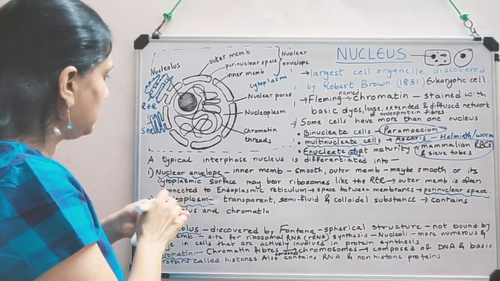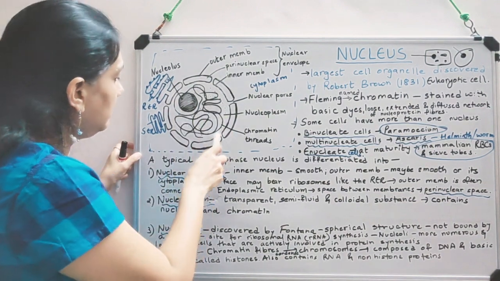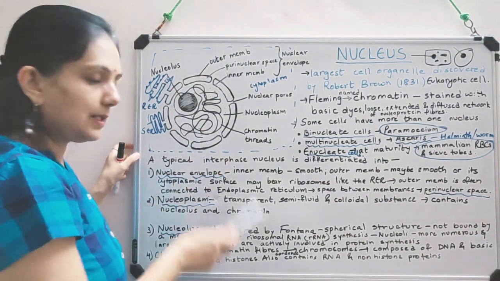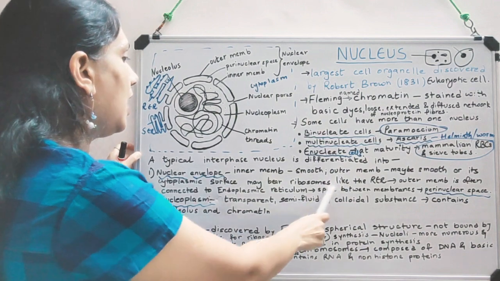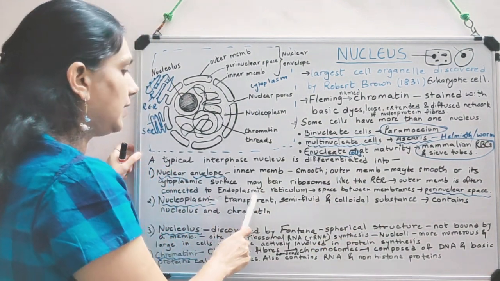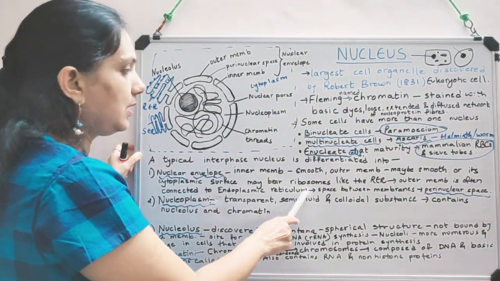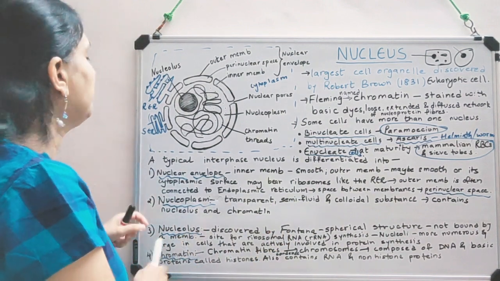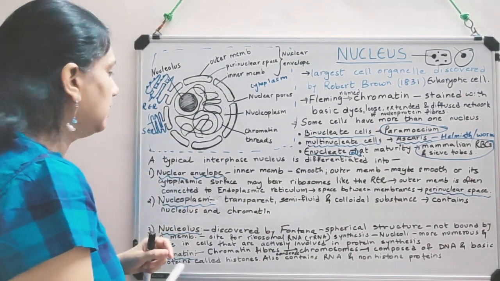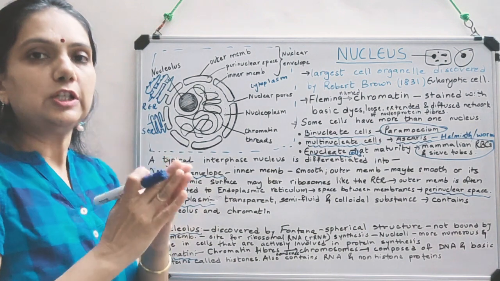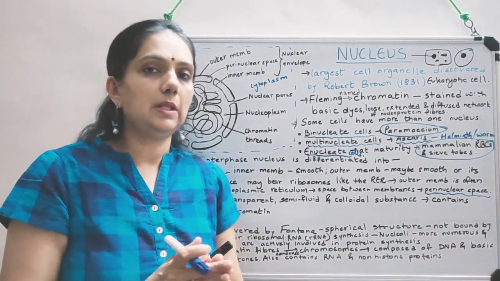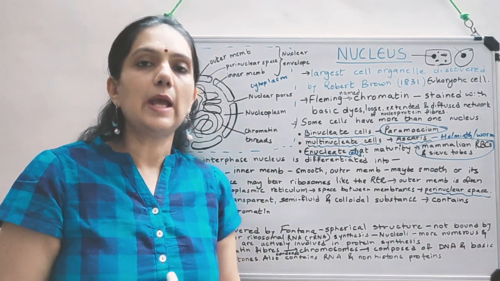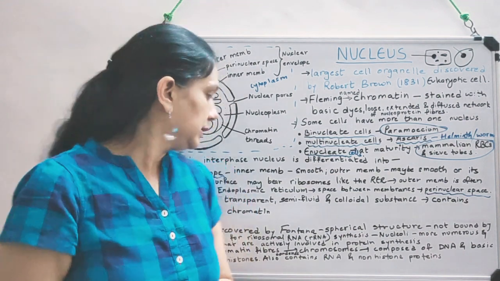As you can see, the inner membrane of the nucleus is smooth, and the outer membrane is often connected to the endoplasmic reticulum. And I already told you the space between the outer membrane and inner membrane is known as perinuclear space.